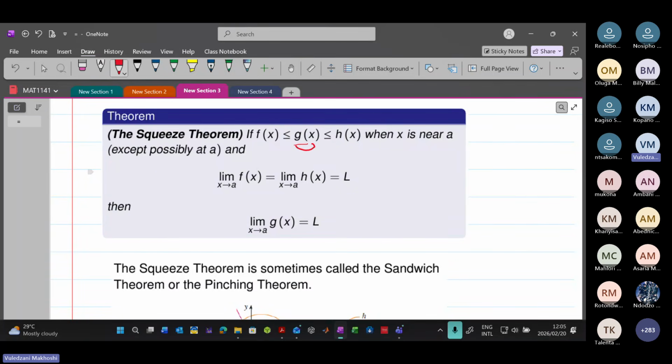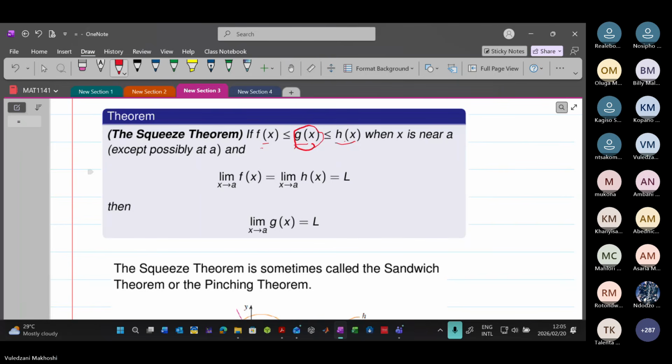And this function is less or equal to another function called h of x. So this g of x is squeezed between f of x and h of x. So if we have a function like this, then we may be able to evaluate the limit of g of x based on the limit of f of x and the limit of h of x as x is approaching a certain number, say a.